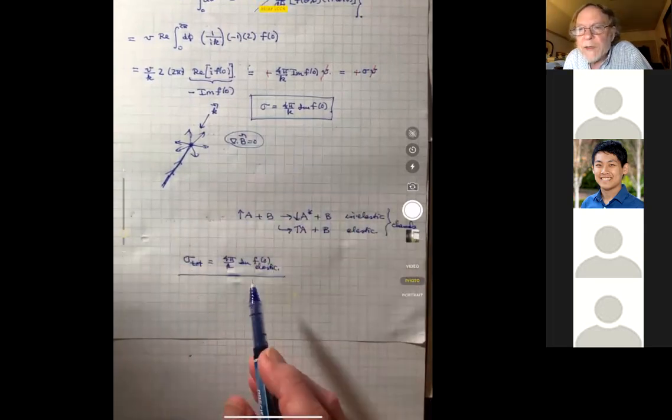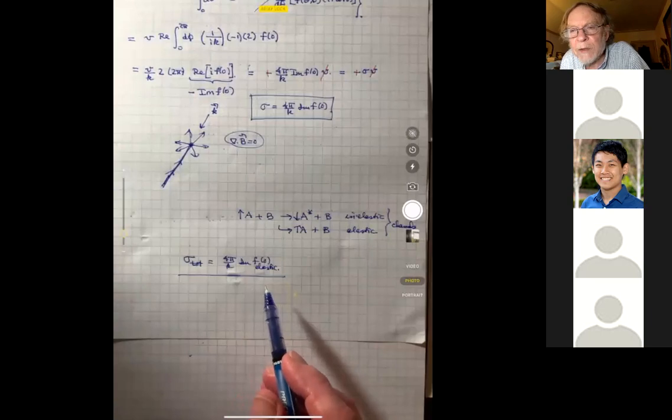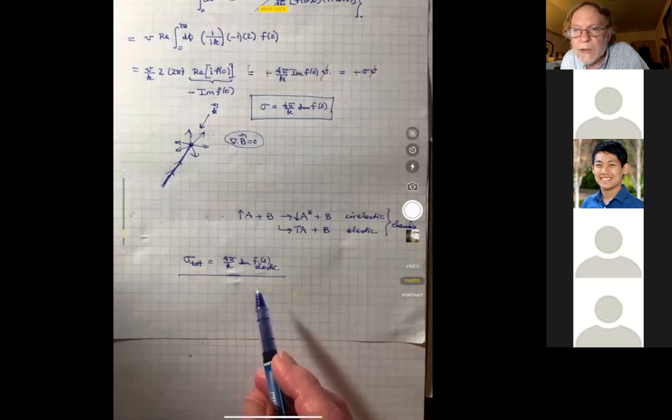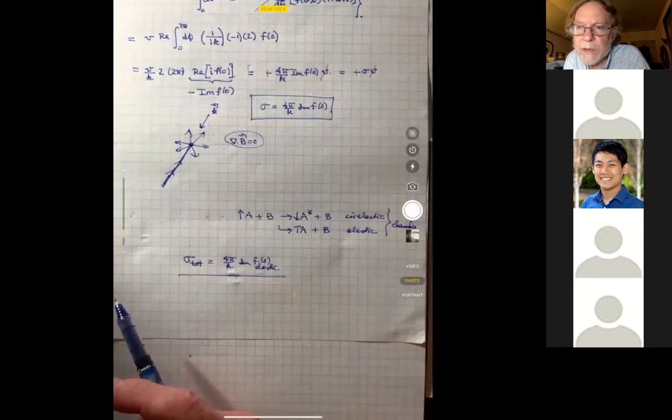The reason for this is that you can't get an interference between the incident wave and an inelastic channel. The elastic part means the scattered wave which is in the same internal quantum state as the initial wave. If you have an inelastic channel, then you can't get an interference between the incident wave and the scattered wave. For example, an electron polarized up and an electron polarized down don't interfere with each other. We want to talk about the state of a single electron.